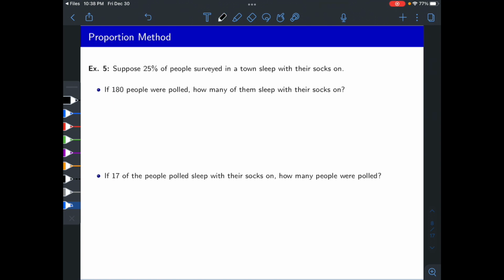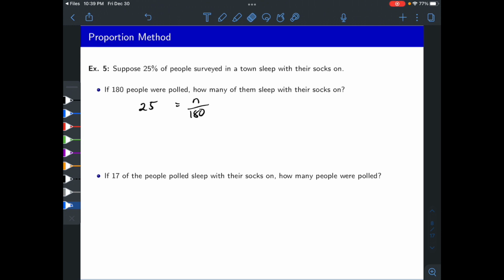So 25% of people sleep with their socks on, and out of 180, some number of them sleep with their socks on. So we can say that 25% is equal to, let's say n for the number of people that sleep with their socks on, over 180.